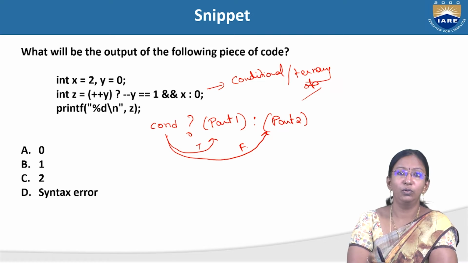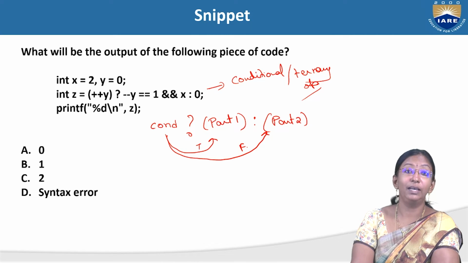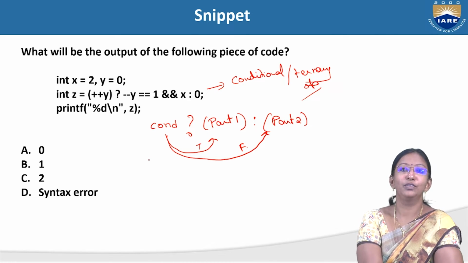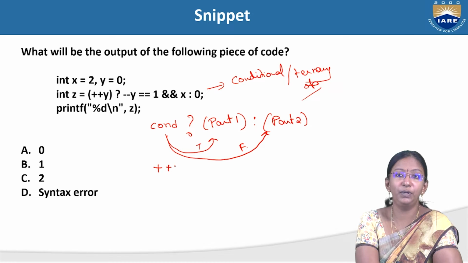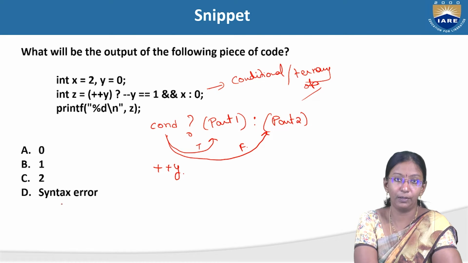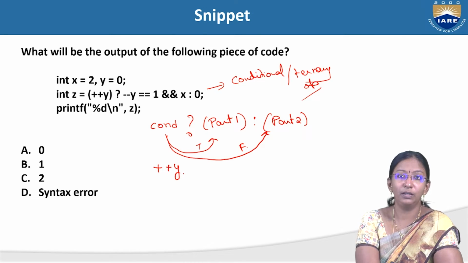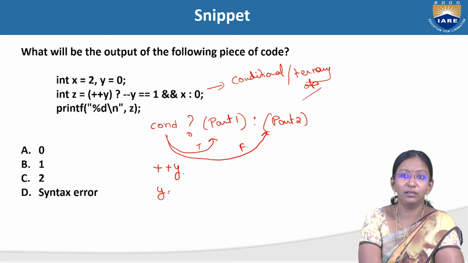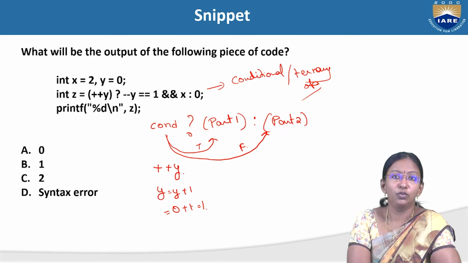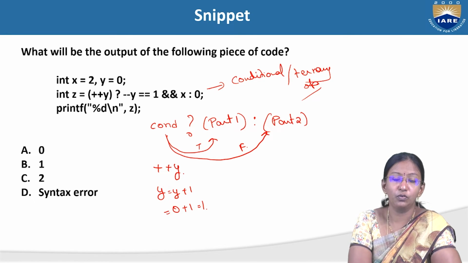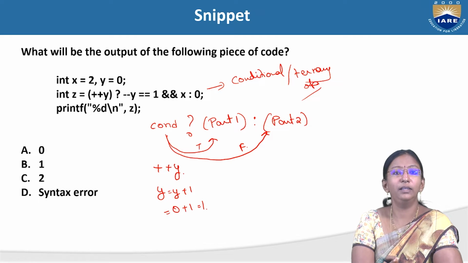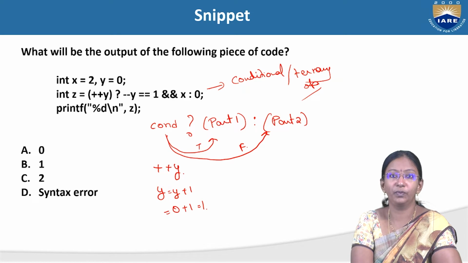Okay, so let's evaluate this one. Here our condition is the pre-increment of y. I can expand this as y is equal to y plus 1, where y is 0, 0 plus 1, it is 1. So y is 1. Anything other than 0 is true, right?